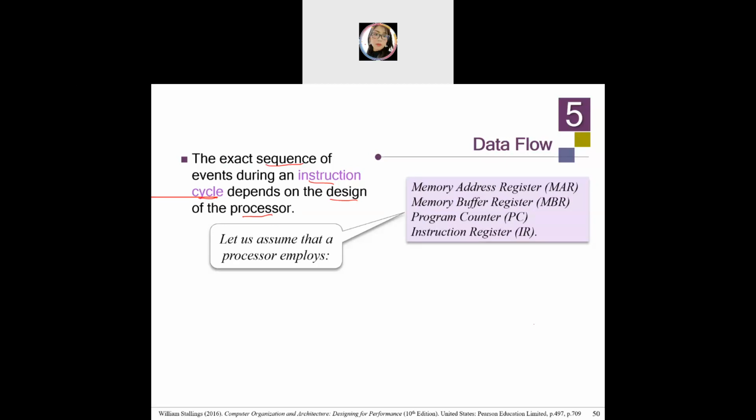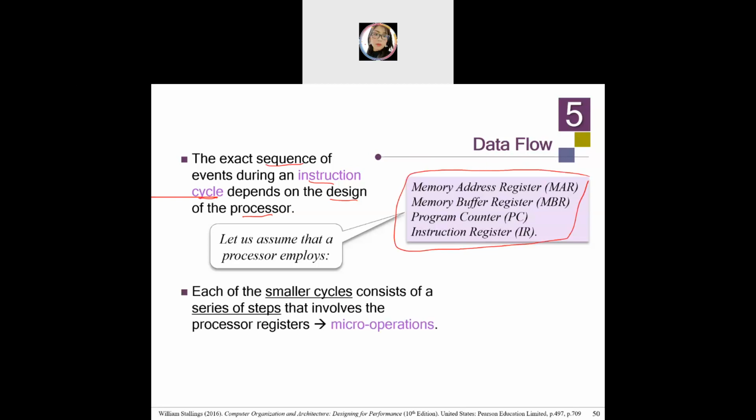If you still remember, these are the things our processor employs: MAR, MBR, PC, IR. Each of these smaller cycles consists of a series of steps that involve the processor registers, which we can also call micro-operations.